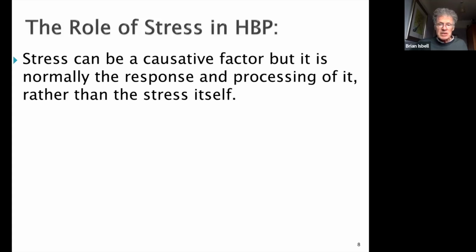You probably realize that's part of the spectrum of stress. So there is a role of stress in high blood pressure. It can be a causative factor, but normally it's this individual response we have to the stress.